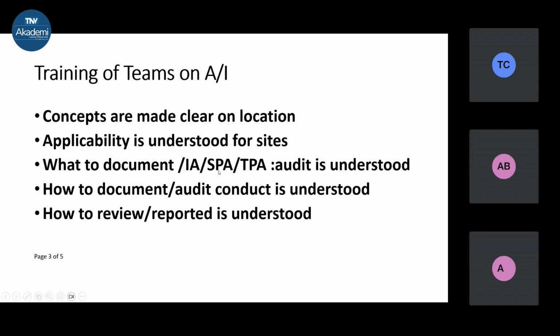Then how the audit is conducted is understood. This is applicable for all, the IA, SPA and third party audit, with respect to the inquiry form, which may be provided, may not be provided at various levels, but there are auditors who will ask for the information which has been provided into the inquiry form because they found there is a mismatch between the information provided to them by the application review or contracting team when they are conducting the audit.